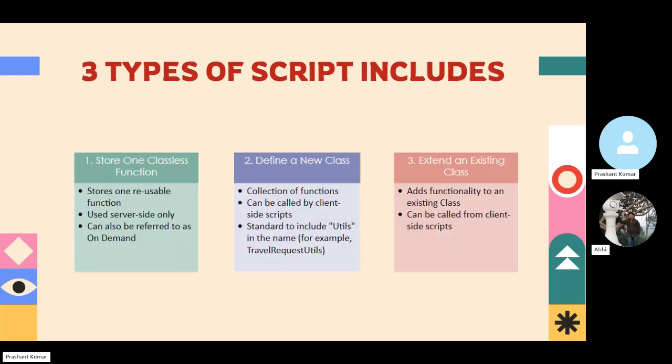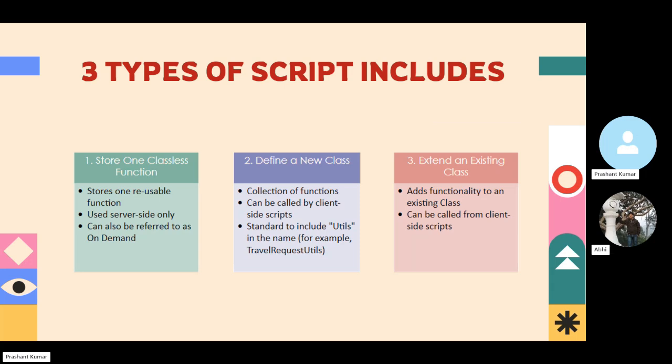Now you can see we have mostly three types of script include. We have one classless function, which can be a reusable function for many scripts, where you need not write the same script multiple times.